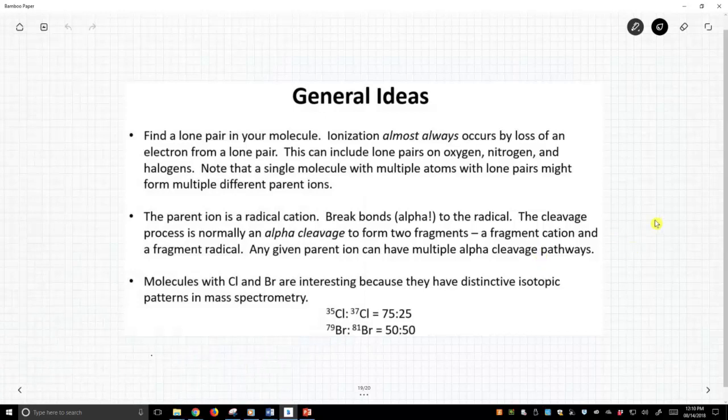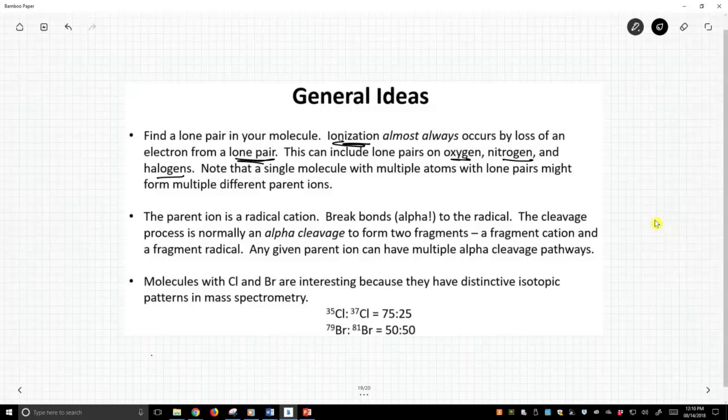So let's get some general ideas. When we ionize the molecule, it almost always occurs, in fact for us it will always occur, at a lone pair. And the lone pair could be on an oxygen, a nitrogen, or halogens. If your molecule contains multiple oxygens or nitrogens, ionization can occur at any one of those spots. It won't occur at multiple spots, but at any one of those spots for a given molecule.